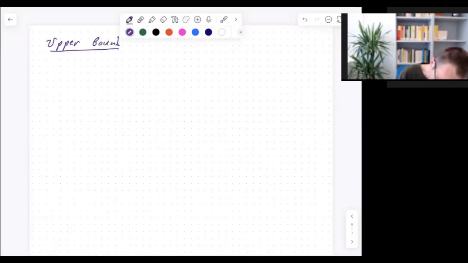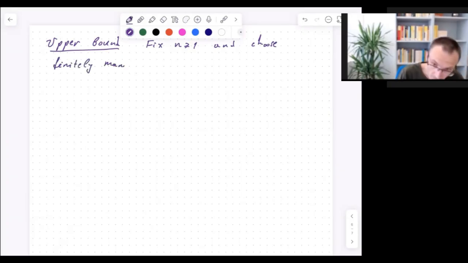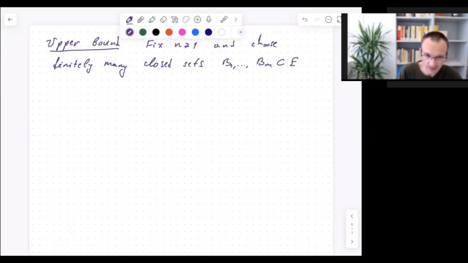We will fix n, and first choose finitely many closed sets B1 and so on up to Bm from E. They are not necessarily disjoint.